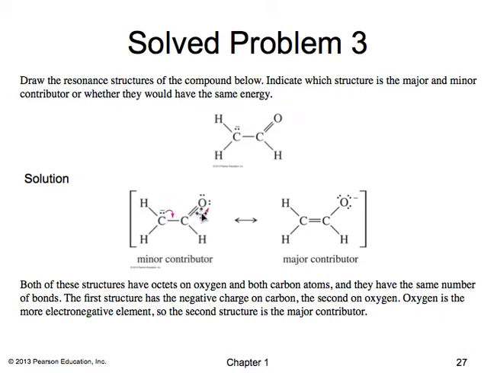These then push the electrons from this double bond oxygen, single bond breaks, and then puts the electrons on the oxygen, so that now the negative charge is no longer residing on the carbon, but rather residing on the oxygen. Again, this becomes your major contributor. The oxygen is the more electronegative element, so having the negative charge reside on the oxygen makes more sense here.